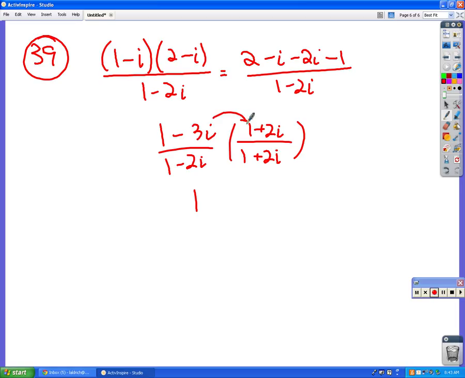So that's going to be 2i minus 3i, which is negative i. And then like you said, minus 6i squared. One, 6, 7 minus 7 minus i.